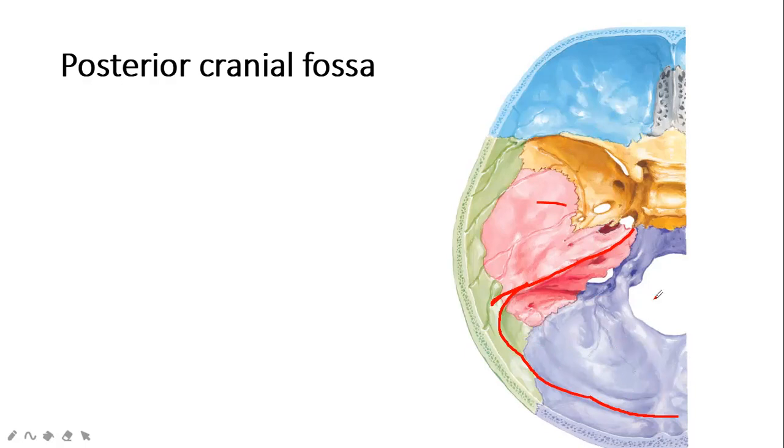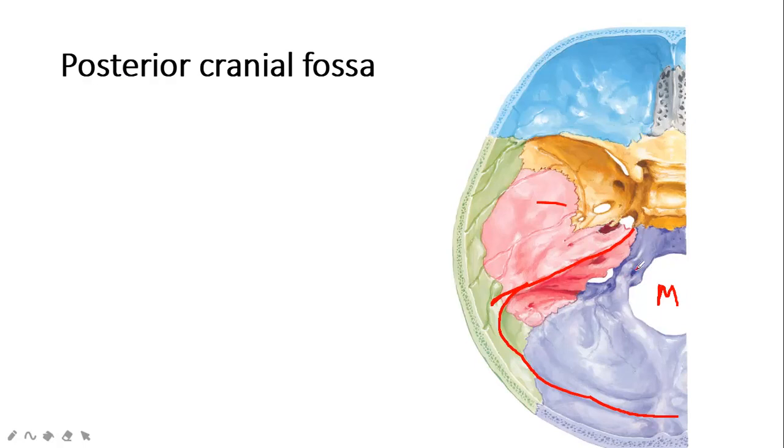And then the openings here, we have this large opening, the foramen magnum, right? The foramen magnum is for the transmission of what? Obviously, brain tissue. This point is where you have the medulla oblongata. Some may say that is where you have the junction between the medulla oblongata and the spinal cord.